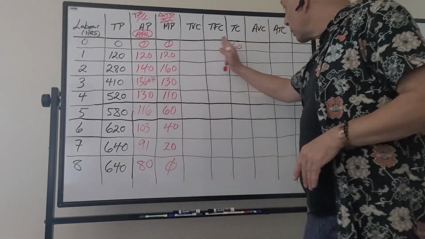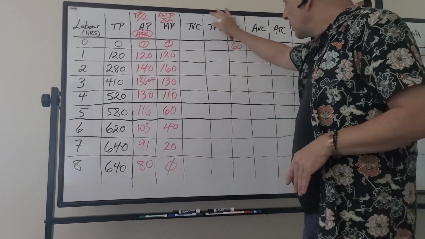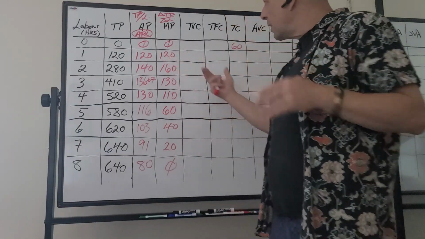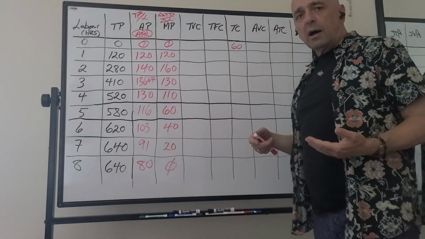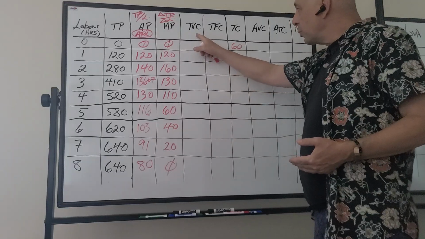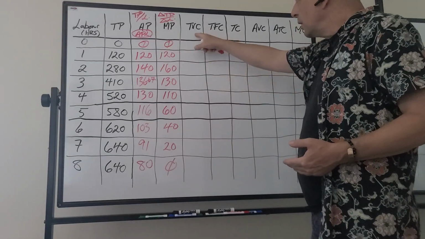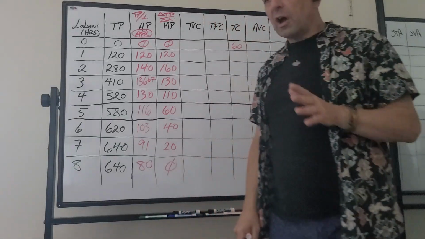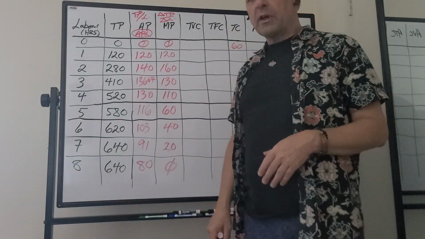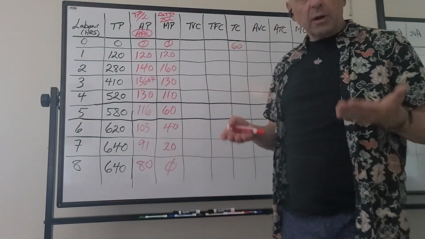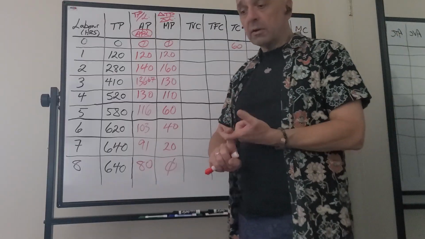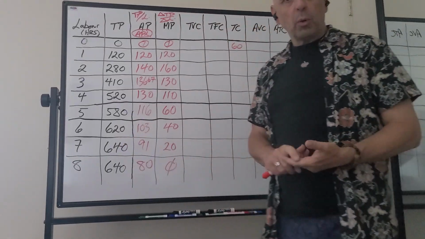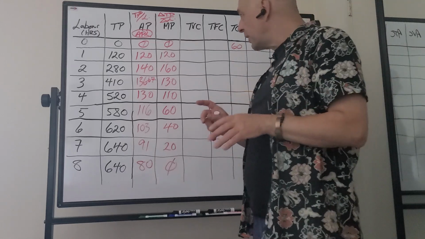Now what we're going to do is fill out these three columns here of the total cost. So this is the total cost of the process, and we're breaking it down into the variable costs and the fixed costs. The fixed costs are things that don't change with the level of production, like rent, like salaries for office employees, things of that nature.